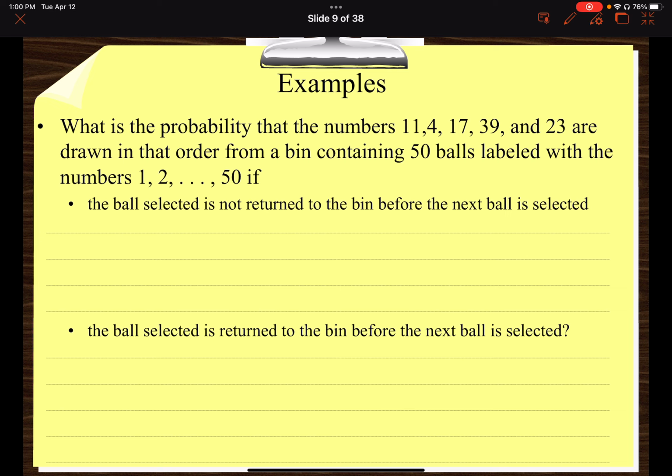So what we have done day before yesterday is we started looking at probabilities, and we defined discrete probability. And after doing some examples, the idea was we need to determine the cardinality of the sample space, the cardinality of the event, and then just take the cardinality of the event divided by the cardinality of the sample space.